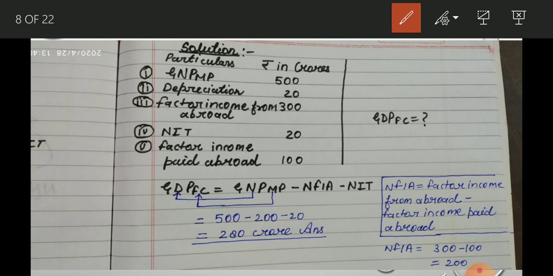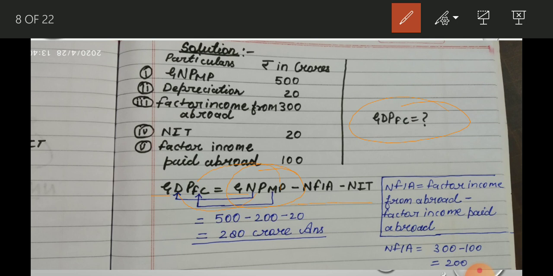So we have to find out GDP FC. What is given? GNP MP is given. Here is gross, here is also gross, so no change is required. But when we are moving from national to domestic, we have to subtract NFIA. When we are moving from market price to factor cost, we have to subtract NIT.